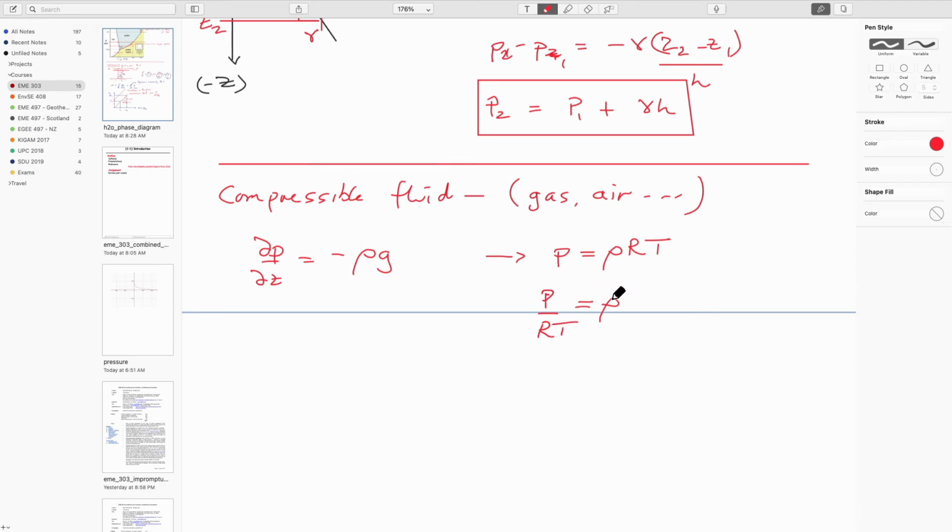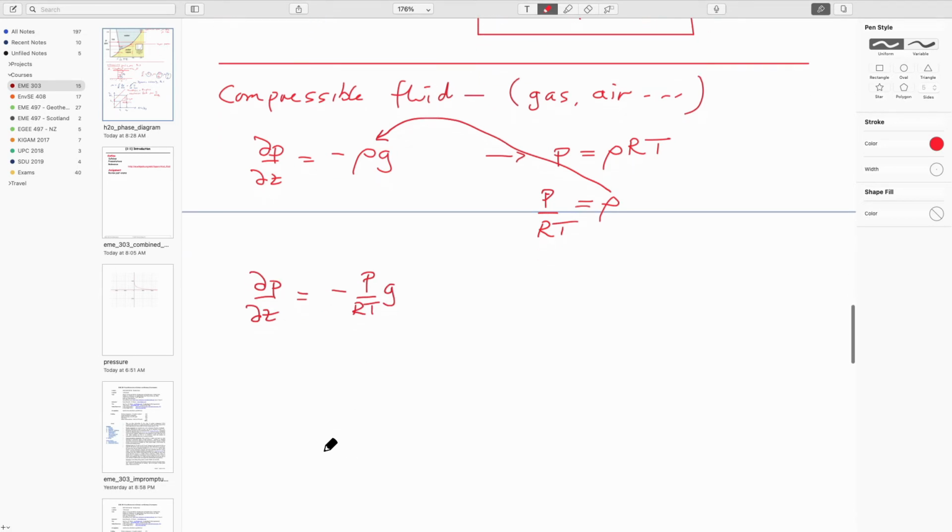We could allow ourselves to put that in there. So the rate of change of pressure with elevation is equal to, not now constant, but pressure divided by RT multiplied by gravity. So that's the relationship now we have to work with.